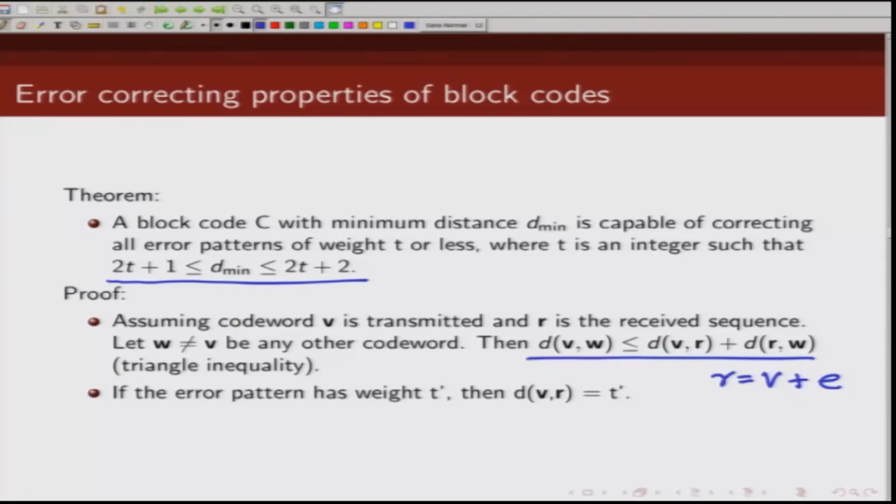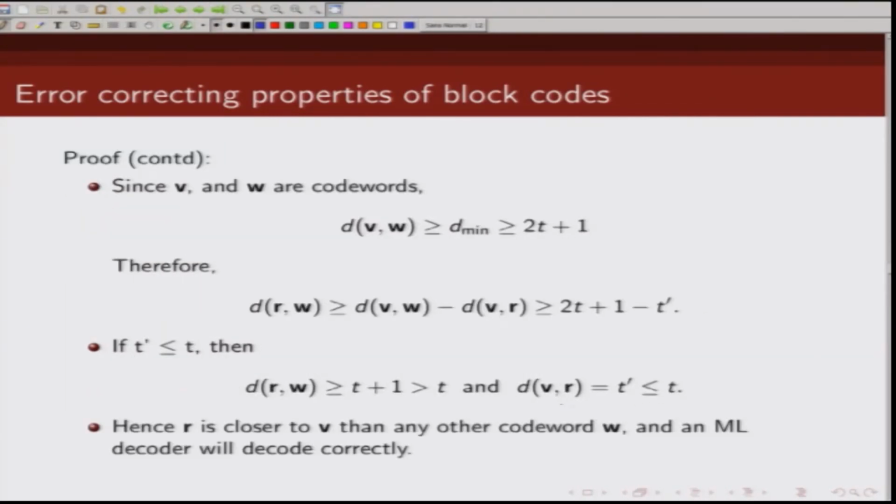So, if the minimum distance of the code is at least 2t plus 1 and less than or equal to 2t plus 2, then it can correct all error patterns of weight t or less. As we can see here, the received code word is closer to v than any other code word w. So, it will decide in favor of v, and this r will be decoded as v.